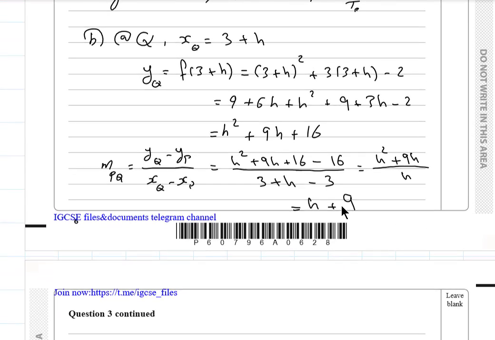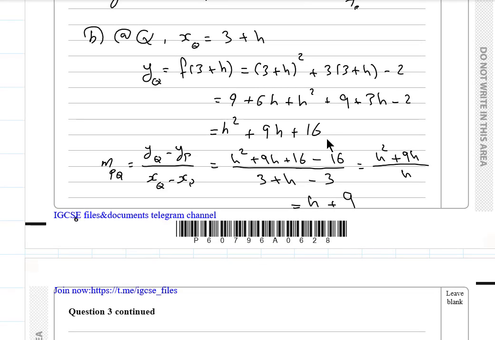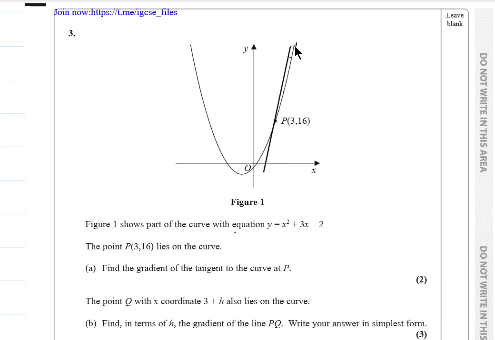To explain this, look at the figure. Suppose that this is the x coordinate of P, which is 3, and this point is Q with x coordinate 3 plus h. So this part is just h.